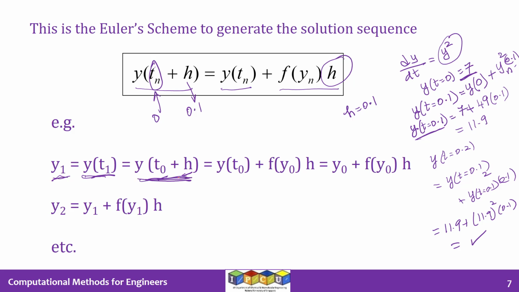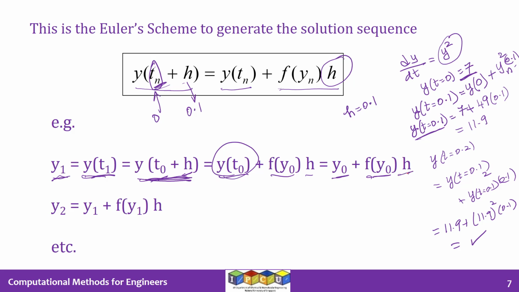So y at t0 plus h, when you put n is equal to 0 here, you are going to get y at t0 plus h is equal to y at t0 plus f of y0, because n is 0, times h. Therefore, y1 will be equal to y at t0, which can be represented as y0, plus f of y0, the function evaluated at y0, multiplied by h.